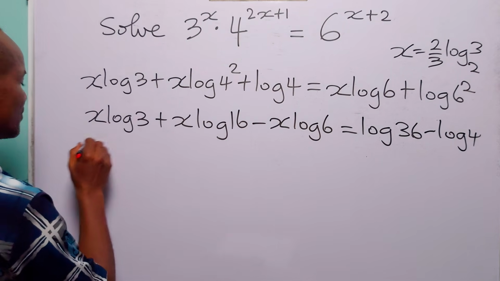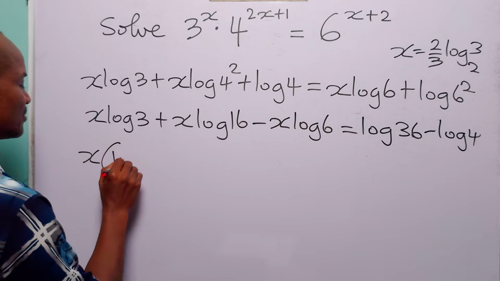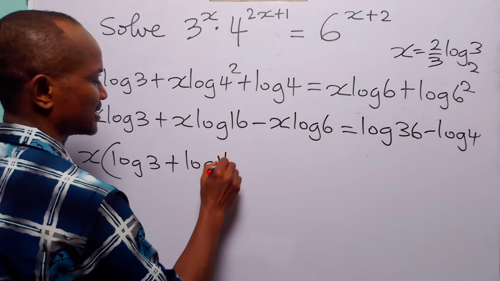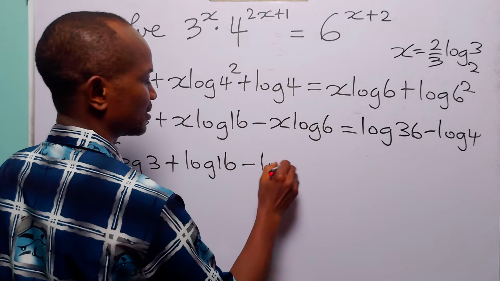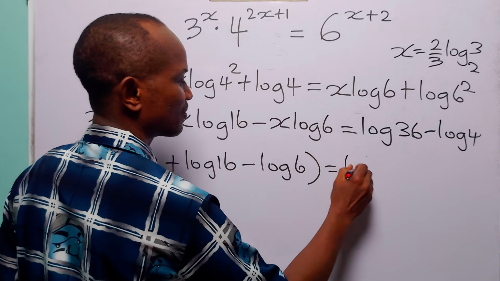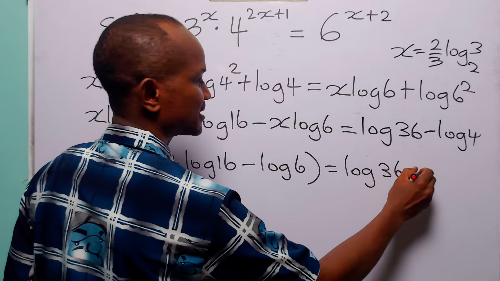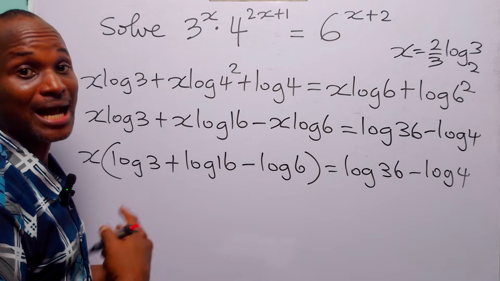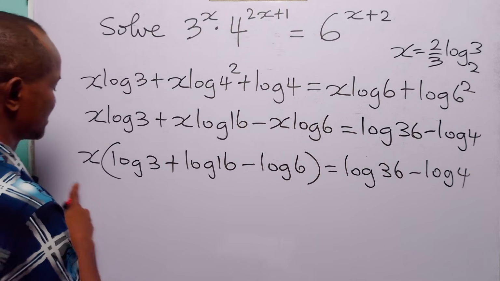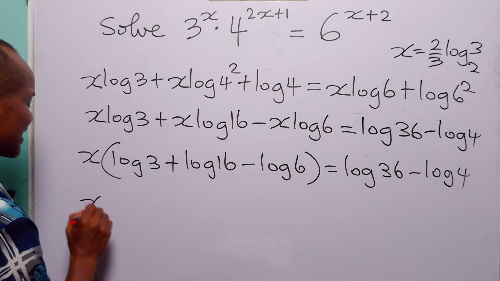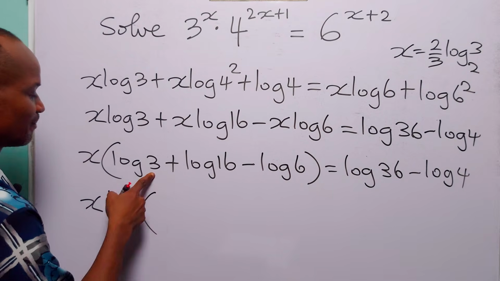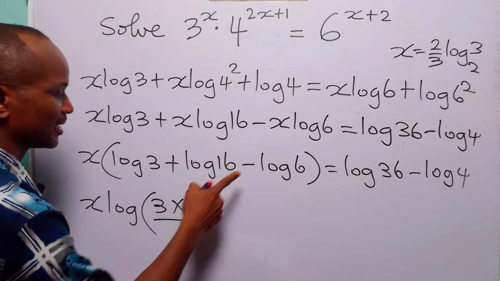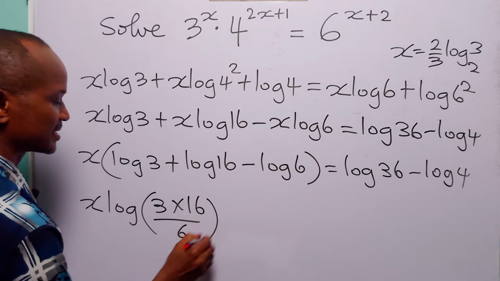We factorize. We have x into log 3 plus log 16 minus log 6 is equal to log 36 minus log 4. Now we apply the addition and subtraction rule of logarithms. This is the same as x times log of 3 times 16 divided by 6.